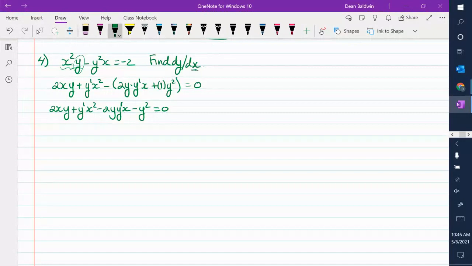Anything that doesn't have a y prime goes to the other side. So then I have y prime x squared equals y squared minus 2xy. Now what? Factor out y prime.